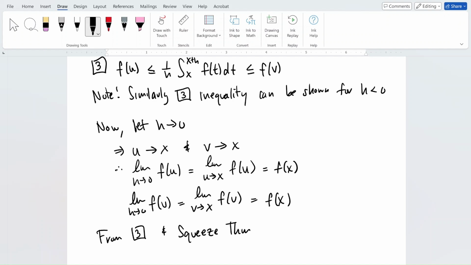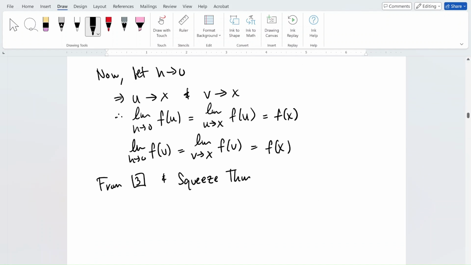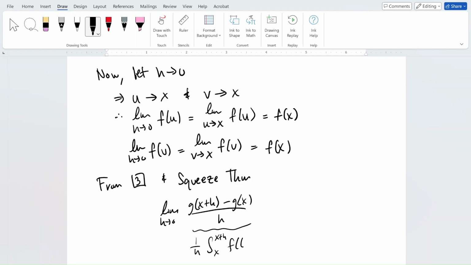So then we get that this is the middle limit as h approaches 0 of g of x plus h minus g of x over h. Remember that this part right here we showed earlier was just 1 over h integral from x to x plus h of f of t dt. Okay, I'm going to erase it now.